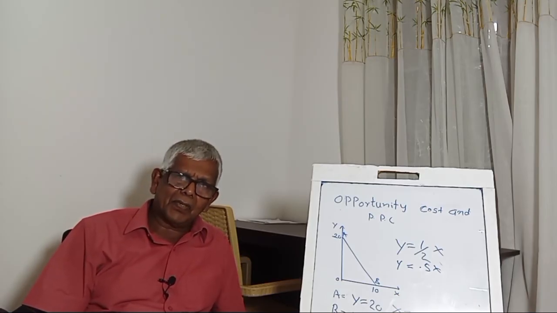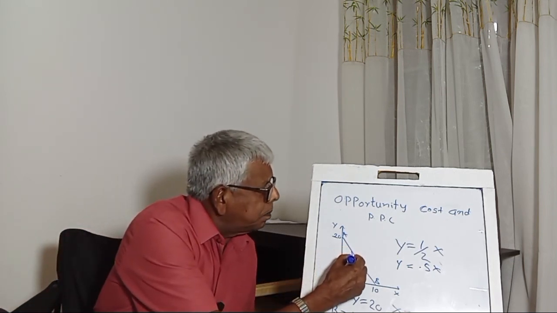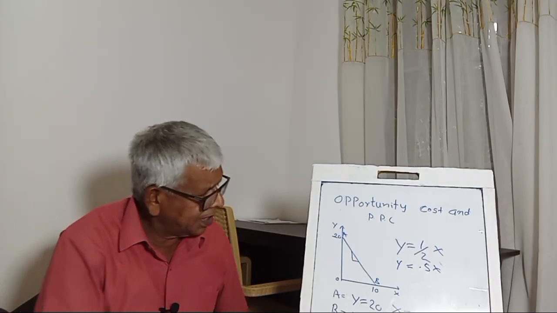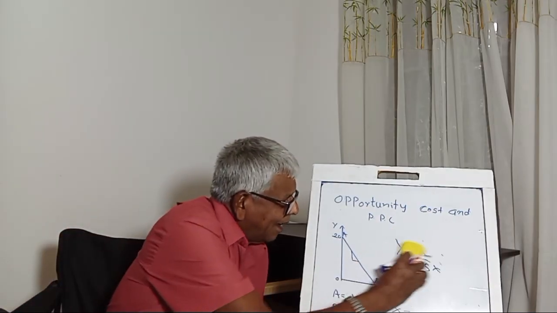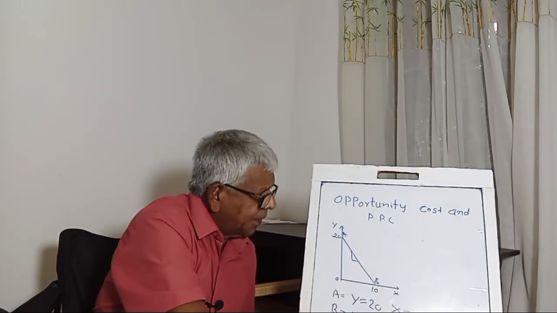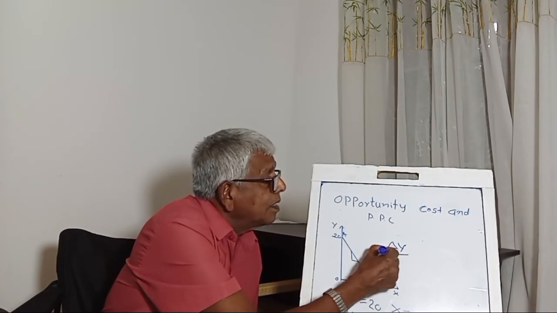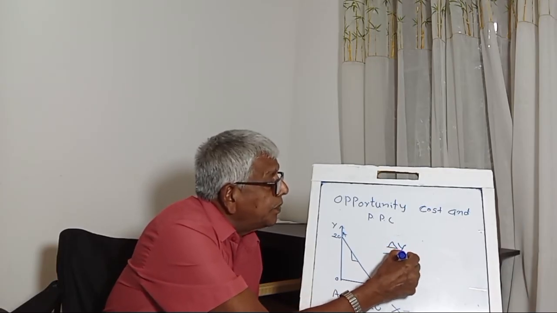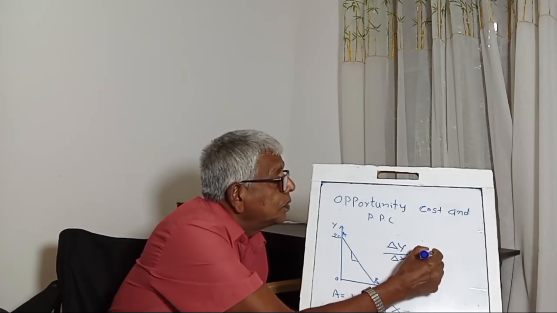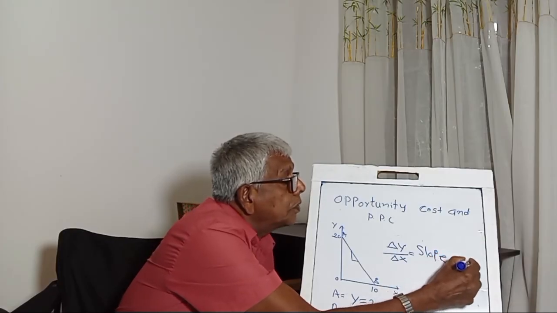This slope, delta y divided by delta x, equals the slope, which equals the opportunity cost.